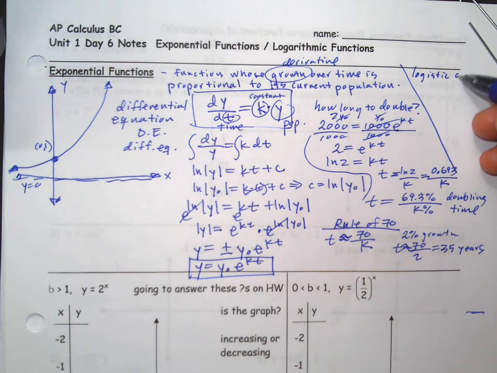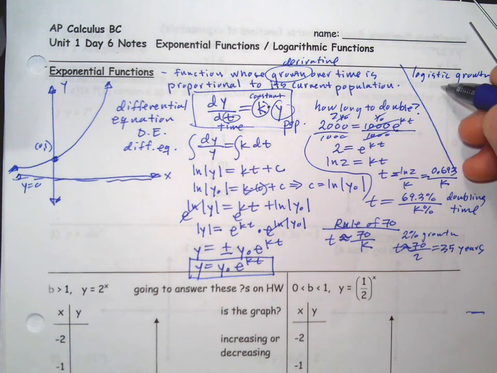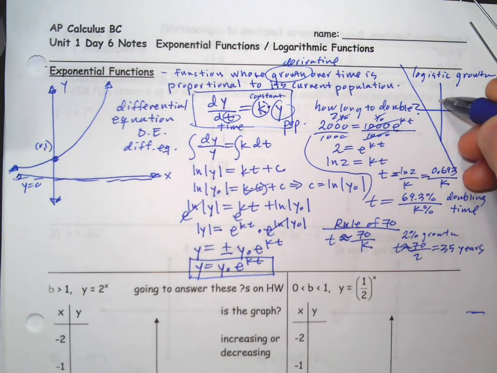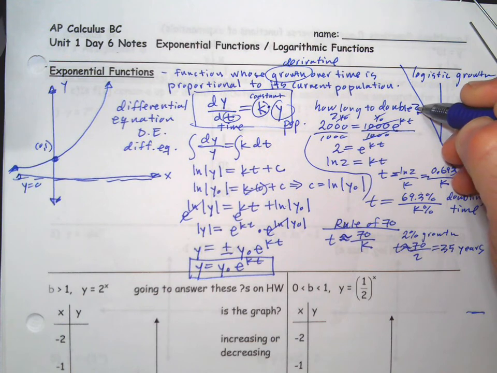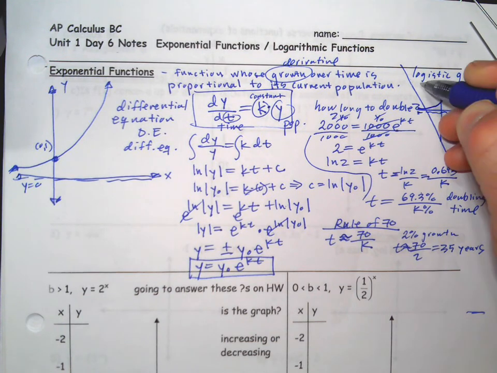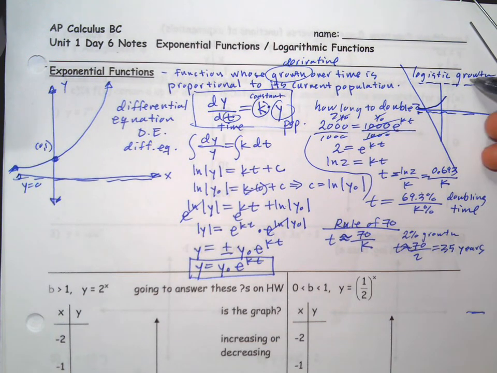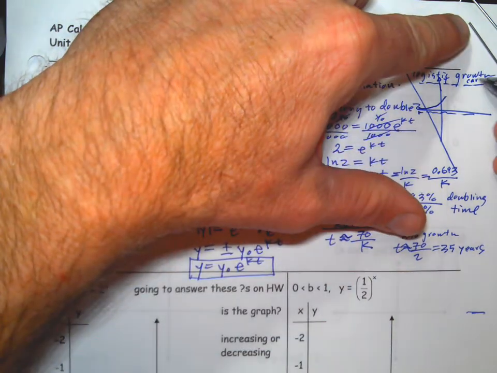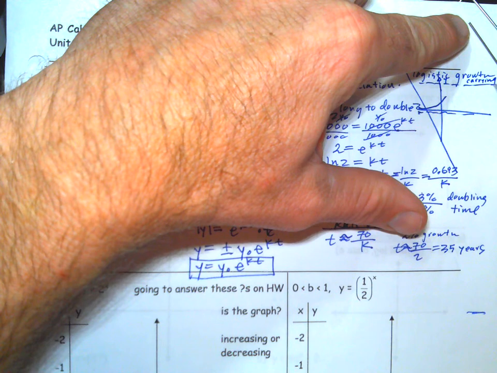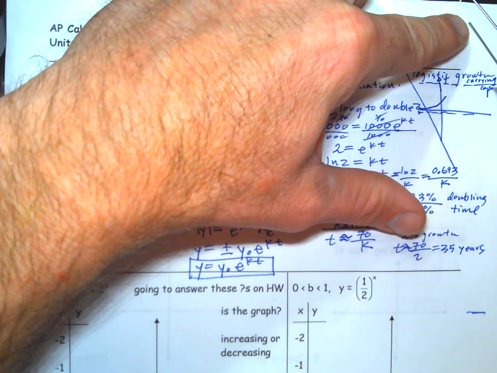Also, just as a note, and we will be studying it this year officially, a more realistic growth model is the logistic growth model. And the logistic growth model has a horizontal asymptote, and it kind of looks exponential at first, but then it approaches what we call the carrying capacity, which is sort of a ceiling of realistic growth.